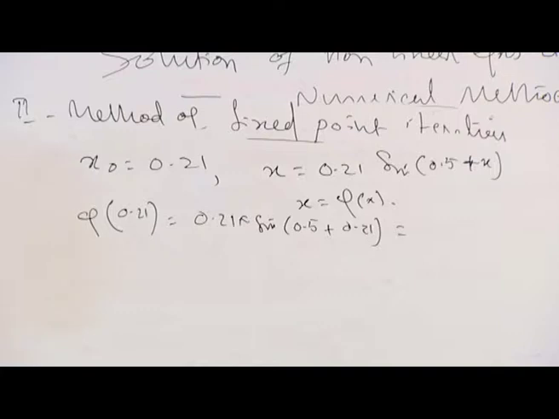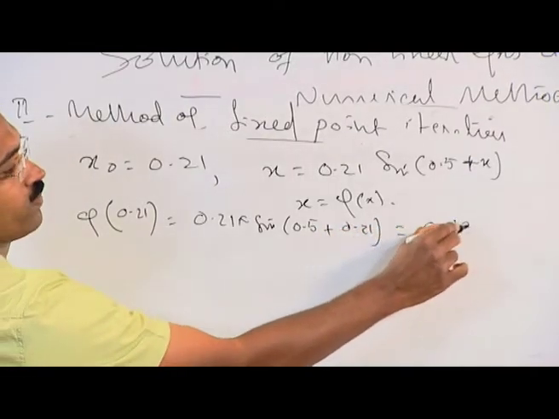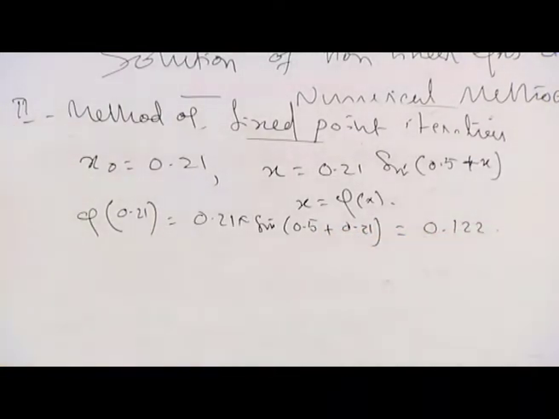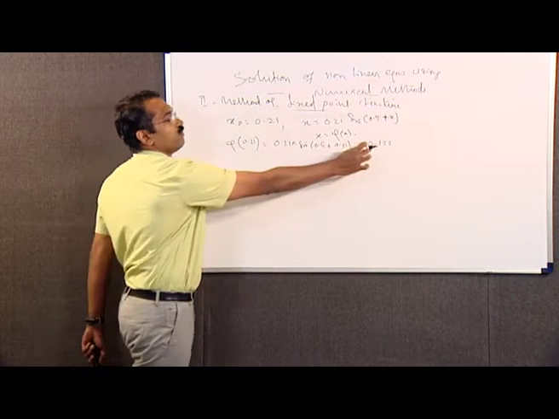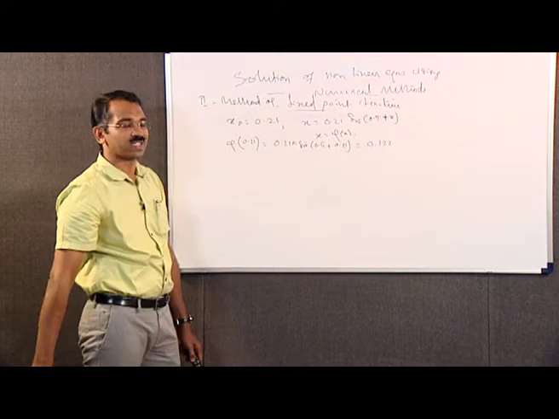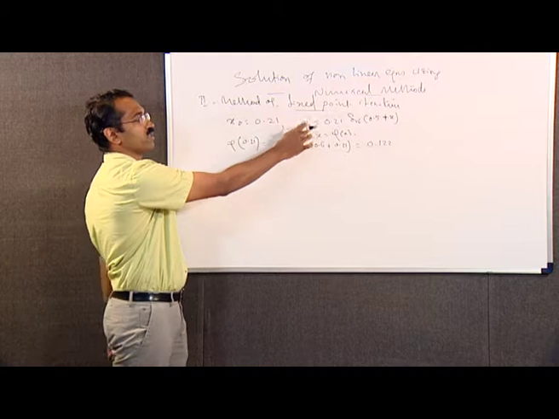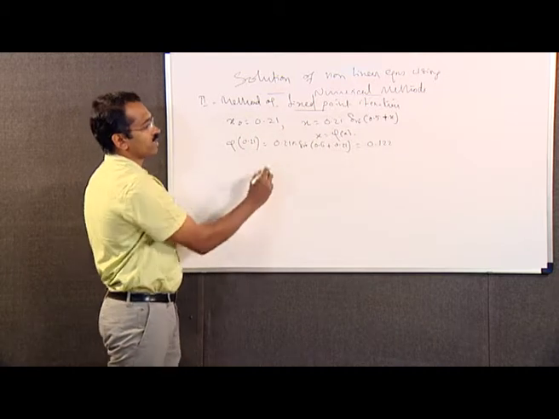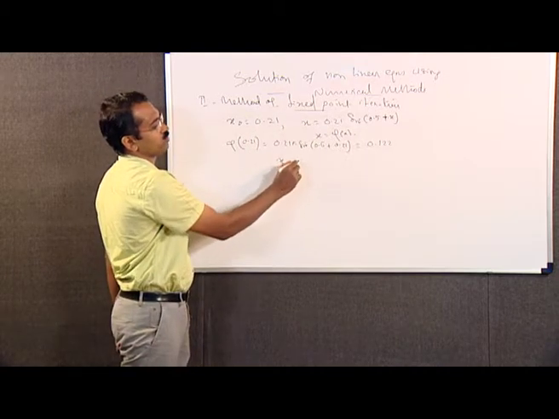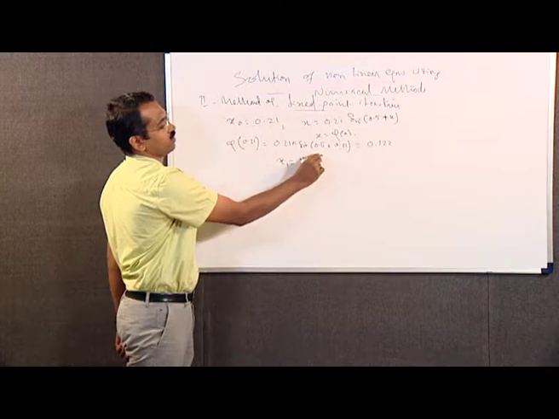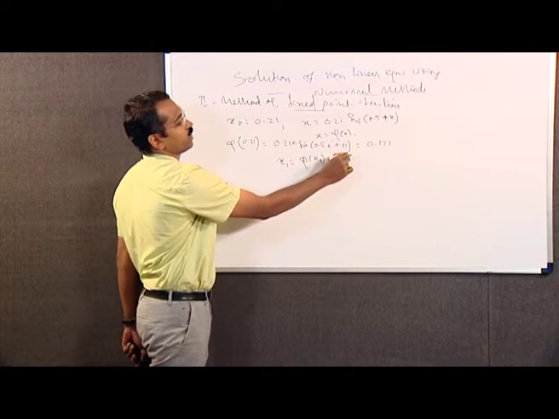That is equal to 0.122, which may be taken as the next approximate root of the given equation, that is x 1 equal to phi of x naught, equal to 0.122.